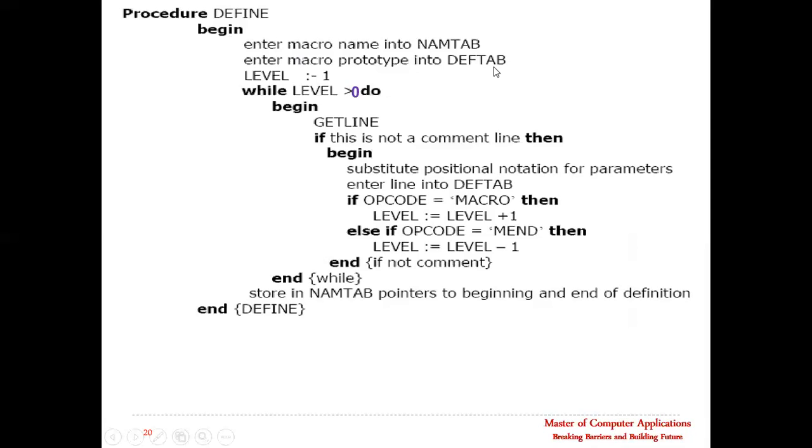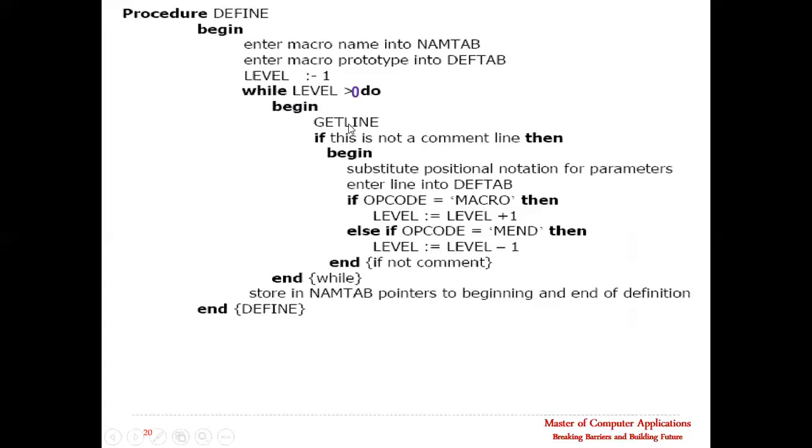These are the first two things we do when the define procedure is called. We want to define our macro, so we put its name in name tab and its definition in def tab. We will set the level equal to 1 and then run our loop while level is greater than 0.